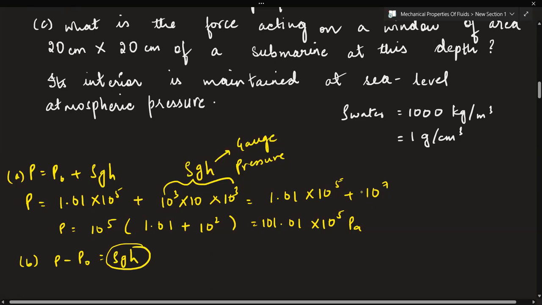You've subtracted something from this. Yeah, ma'am. See, rho would again be 10 to the power 3, G would be 10, and H is 10 to the power 3. So this would directly give you 10 to the power 7 pascals, I mean this term. That's why I was saying you don't have to calculate. Right? Just try this C part. Okay, ma'am.